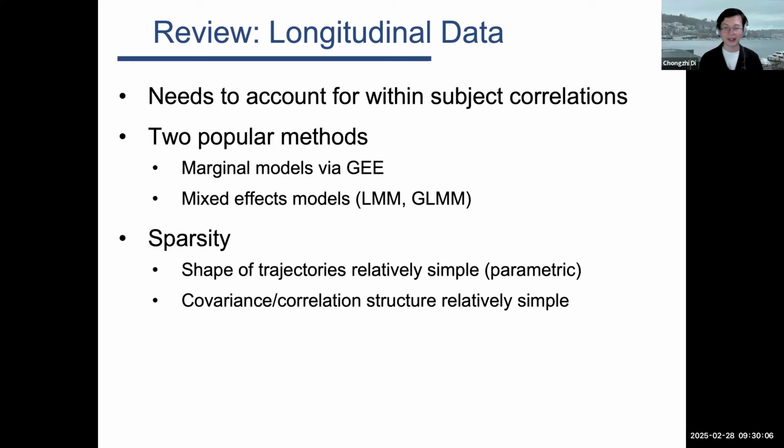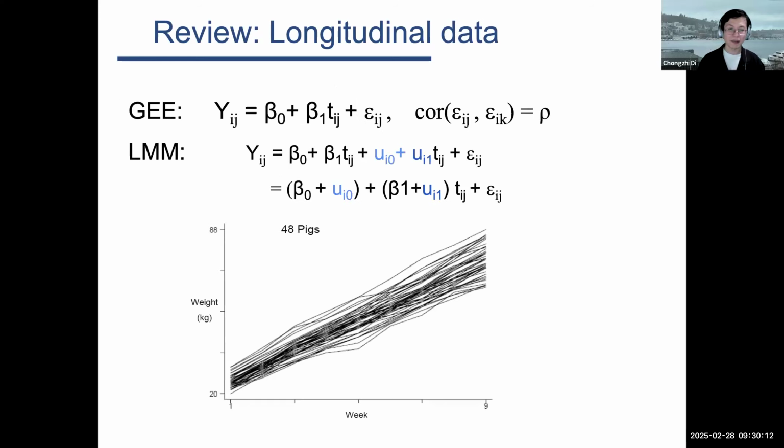Again, I think these are sufficient for sparse data. More specifically, for GEE, we have built some model for the mean structure, and we assume a working correlation. For linear mixed effects models, you can use a random intercept and random slope here.